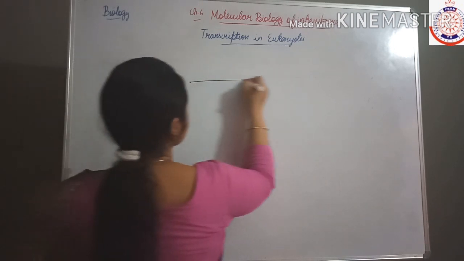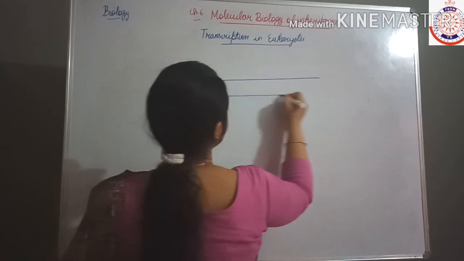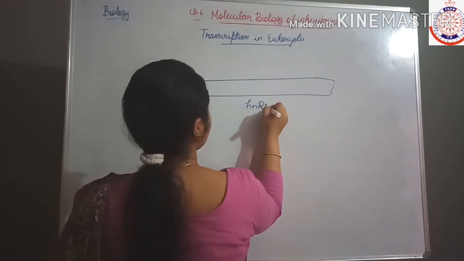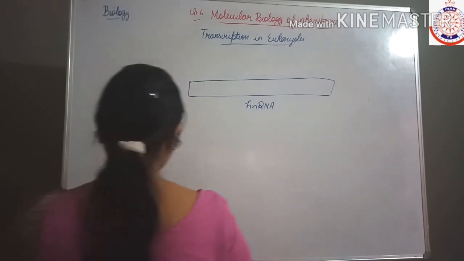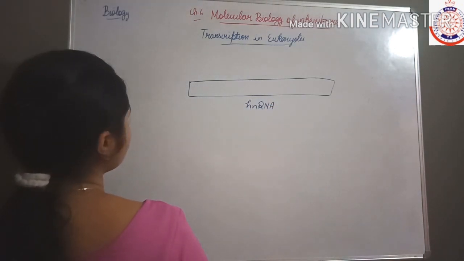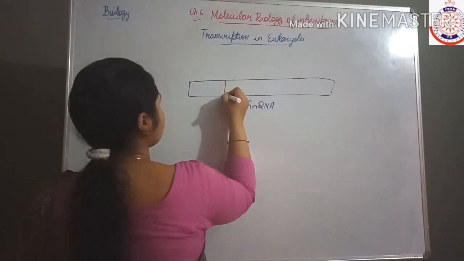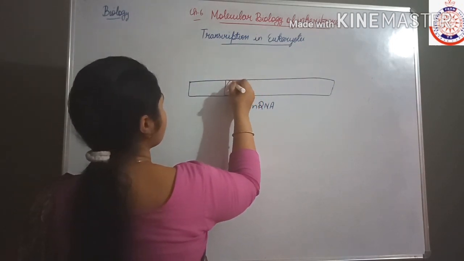This is the structure of the hnRNA. This hnRNA has both exon and intron sequences.